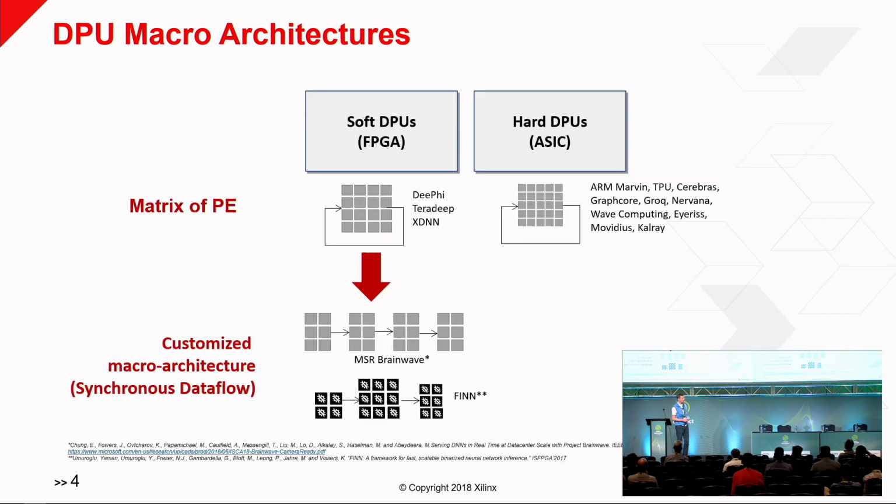And these soft DPUs are really important because we can specialize them. They are fundamentally 2D systolic arrays. And we take a network and we schedule layer by layer over this array. So we run in time, sequentially, parallel within a block, but in time through the blocks that make up the network. These DPUs can be specialized.